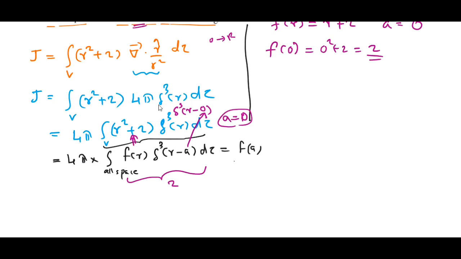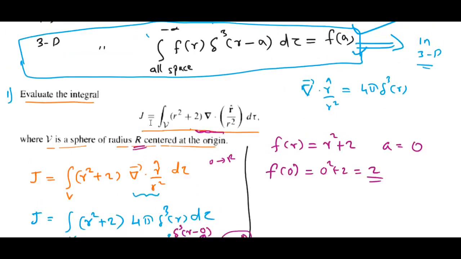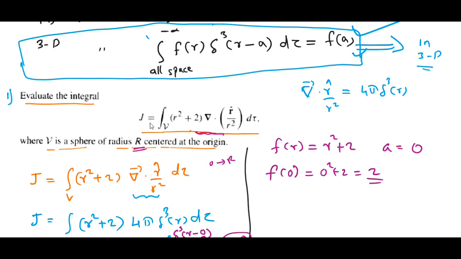Here f(a) is f(0), that is 2. Now we can write 4 pi times 2, so the final answer is 8 pi. Therefore, the answer to this question is 8 pi. This is the answer.